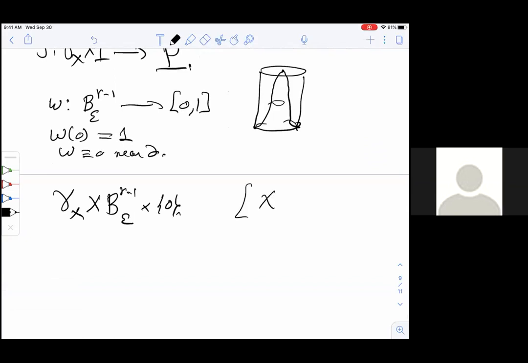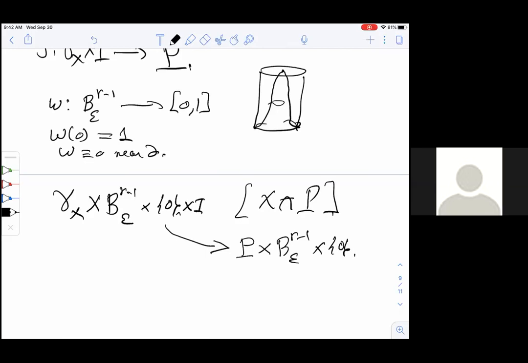Remember that this is x intersect P. It's going to be an isotopy from there into P cross B R minus 1 epsilon cross 0. So the 0 is just going to come along for a ride. So it's an isotopy, this cross I mapping into here.